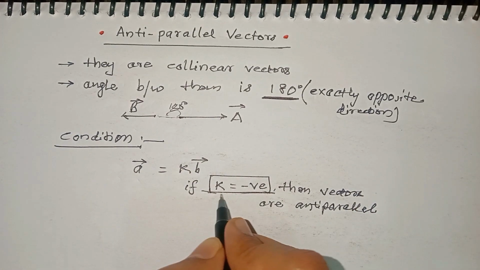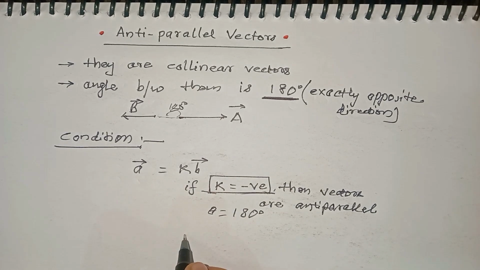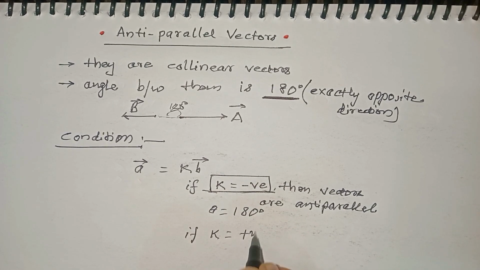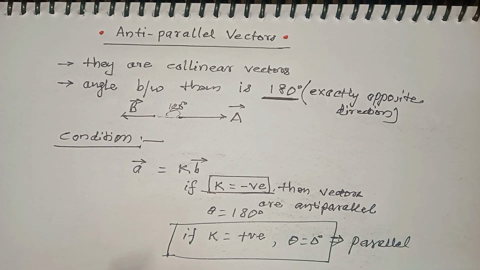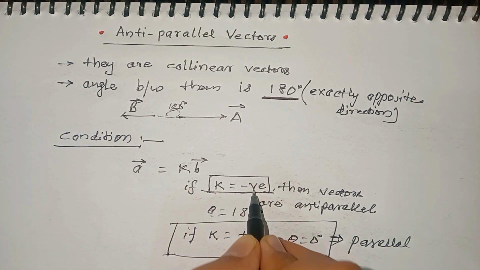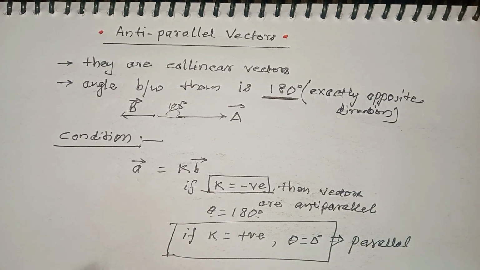If the value of k is negative, theta equals 180 degrees, and if k is positive, then theta is 0 degrees. So this is the case of parallel vectors. And if theta is 180 degrees, k has a minus sign, that is negative, then the vectors are anti-parallel.